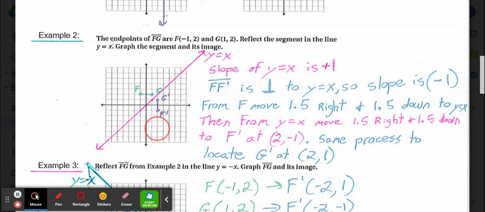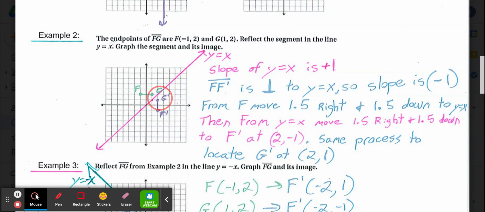Or if we think about it in total, from F to the line, it would be down 1, 2, 3. Then I need to go right 1, 2, 3: down 3, right 3. And that gives me F prime right here. For G, to get to my line, it's down 1.